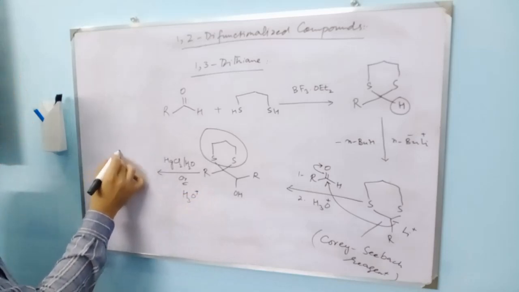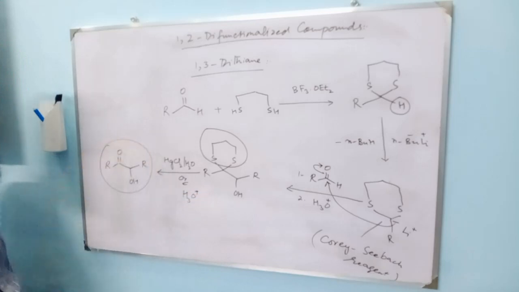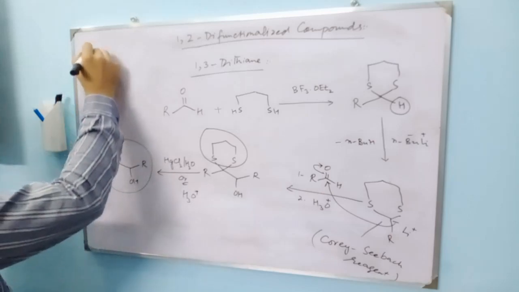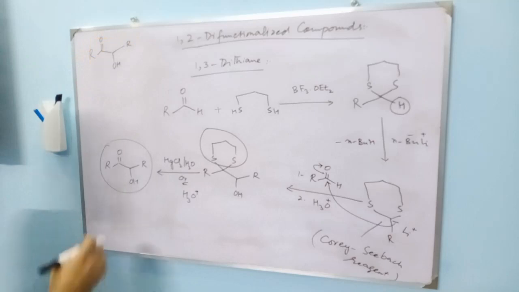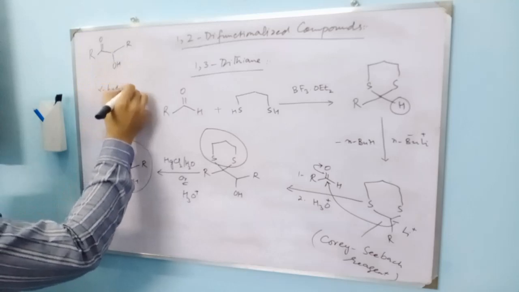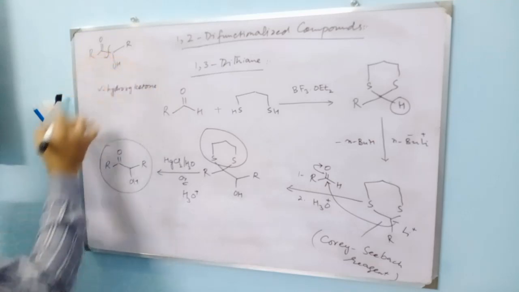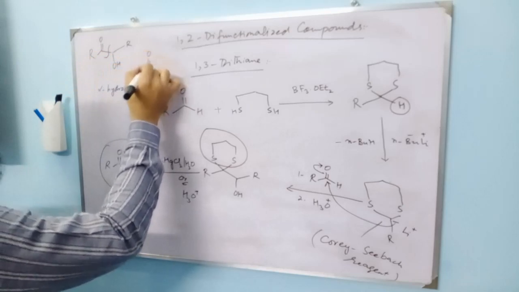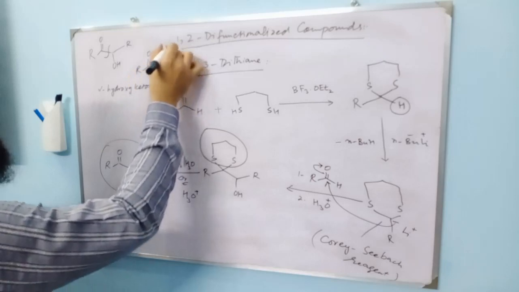So we get this molecule. Now if we look closely, for example, if this molecule, an alpha hydroxyketone, is our target molecule and we disconnect it from here, then as a result of disconnection we get an acyl group with negative charge and this synthon with positive charge.